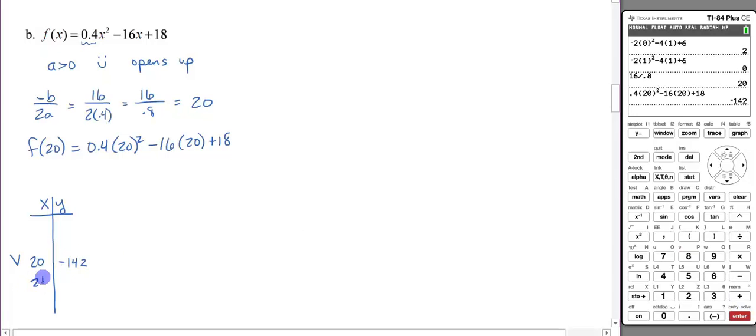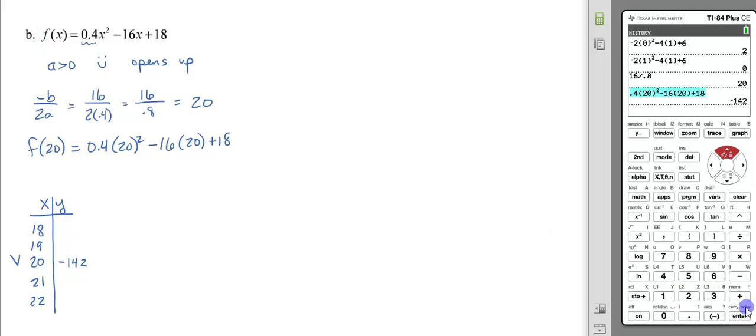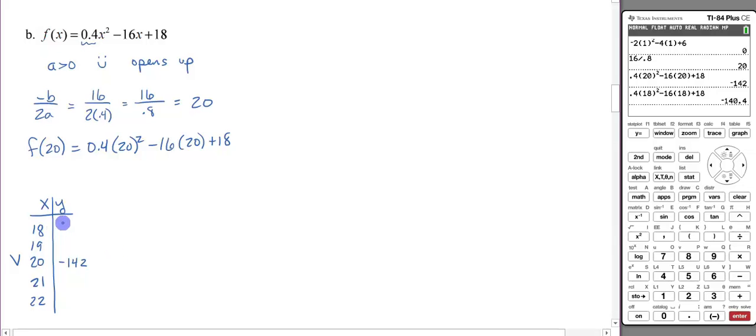Now let's go 2 on either side of this. See what happens. Go ahead and replace the input. Let's go ahead and start with 18. Replace our input with 18, and I get negative 140.4.